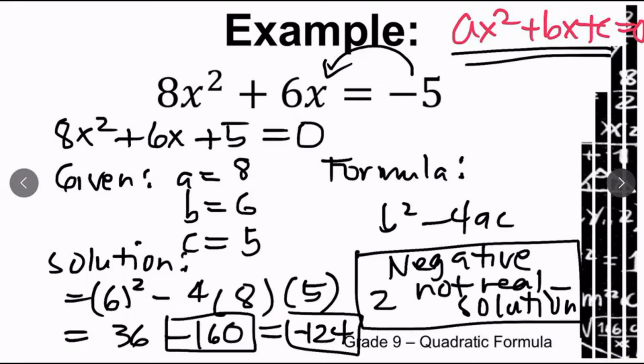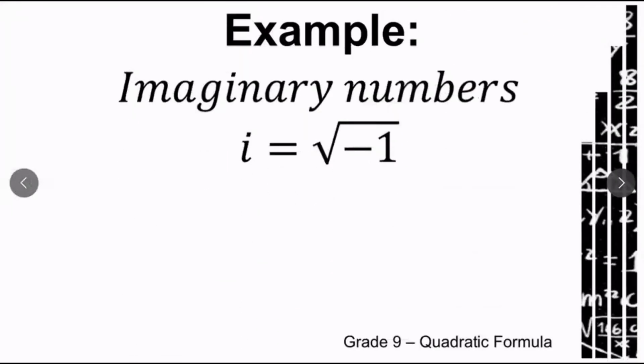So paano ba natin sinasabi yung mga not real solution? Because if we're talking about complex numbers, we're talking about imaginary numbers. So meaning, if we're talking about imaginary numbers, our expression involves a negative value inside our radical sign.